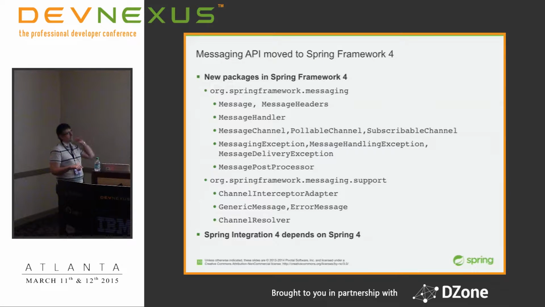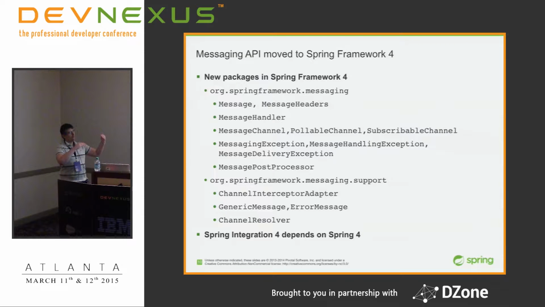I know it looks a little bit dry to list all these classes on the slide, but I did it deliberately to get an understanding of the nature of the things that have been moved around. If you're familiar with Spring Integration, you'll recognize most of the core classes, messages, channels. Everything has basically been pulled up into Spring Core.